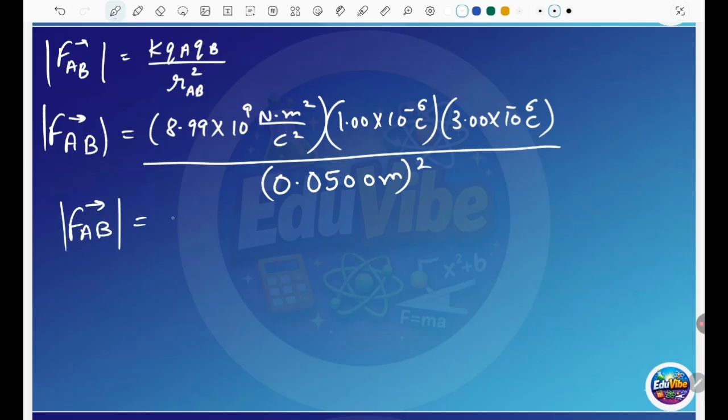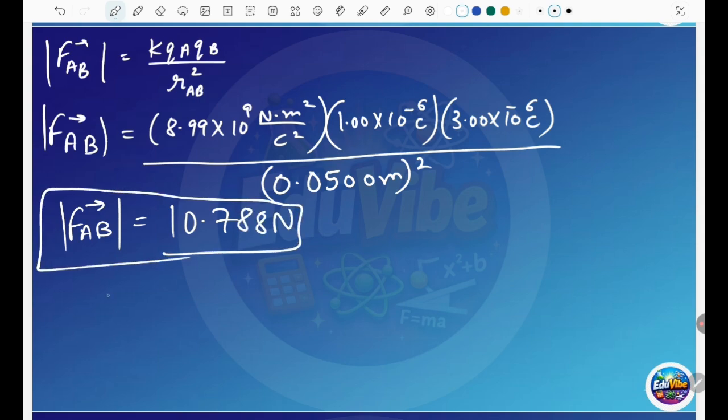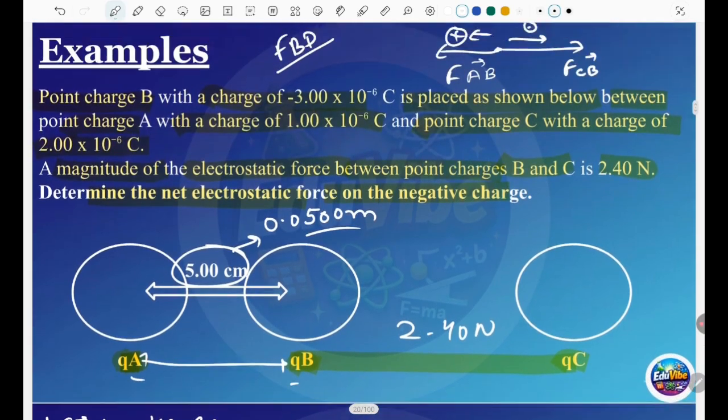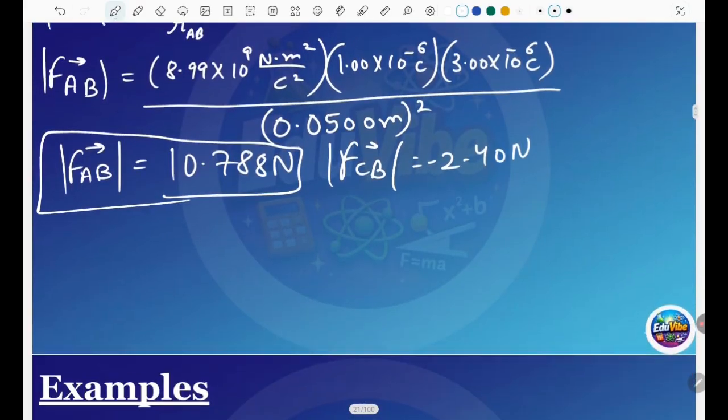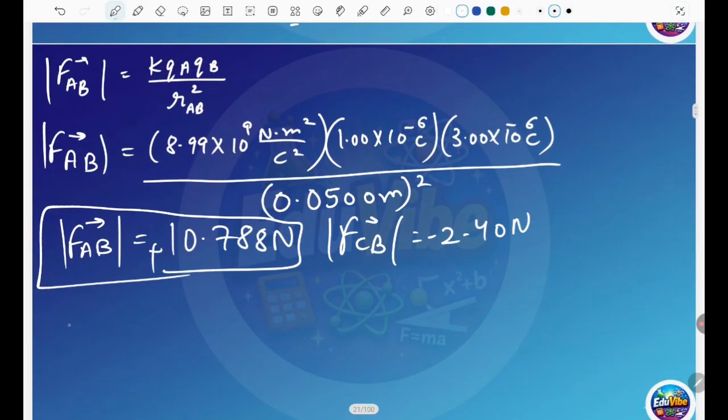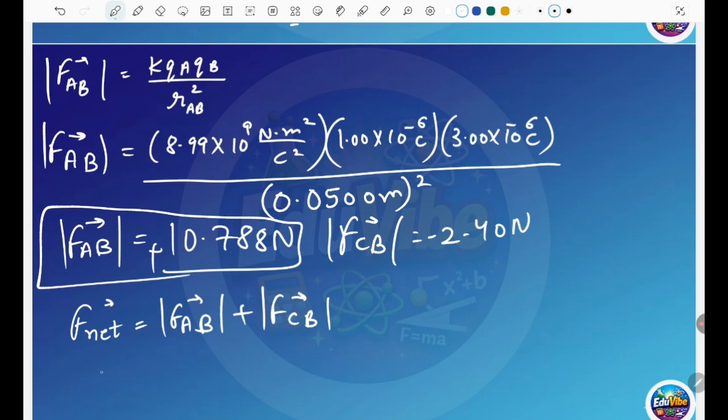When we calculate, we get about 10.788 newtons for the force from A to B. And the force from C to B is 2.40 newtons. We take this as negative because it goes in the right direction, and we take right as negative. The other remains positive because it is the left one. So to find the net force, we do F from A to B plus F from C to B.